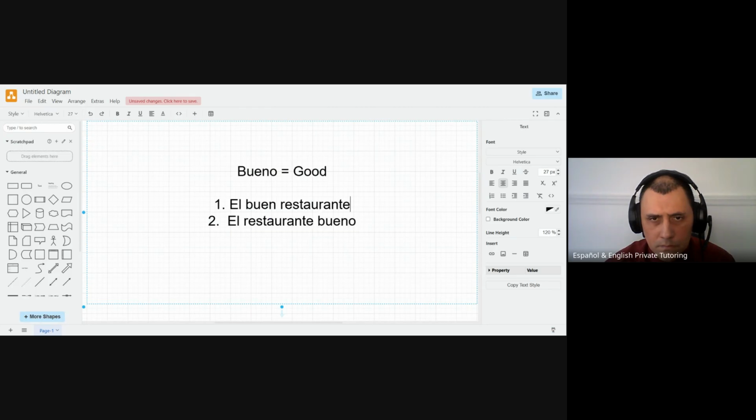Okay? El buen restaurante could mean in English like the nice restaurant, and the one at the bottom could mean the good restaurant. So nice restaurant has a little more tone to it than good.